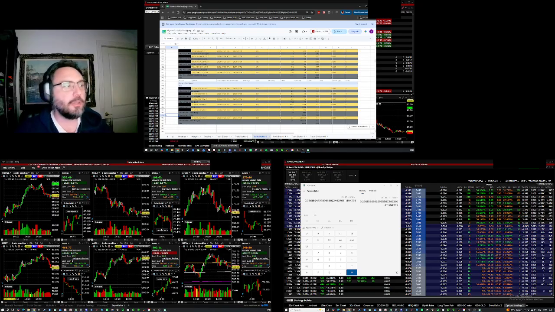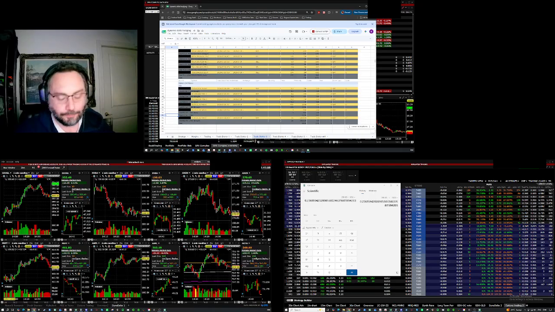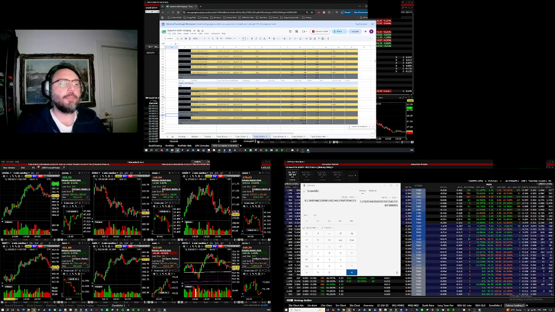Definitely some friction that we experienced was the uptick rule for shorts. And there is no uptick rule in futures. If you want to take a short position, you get that short position.